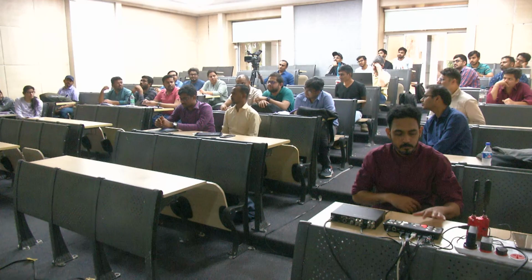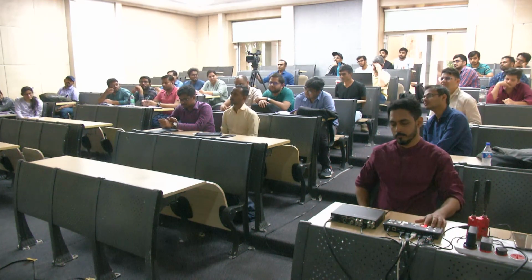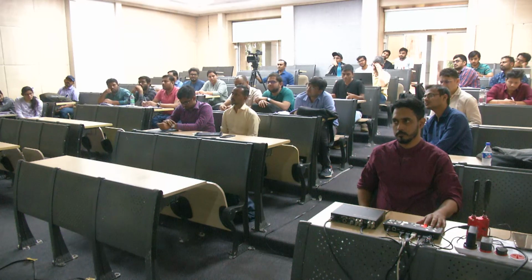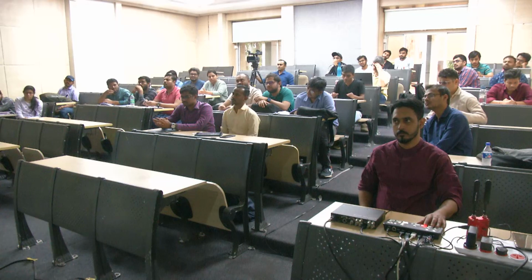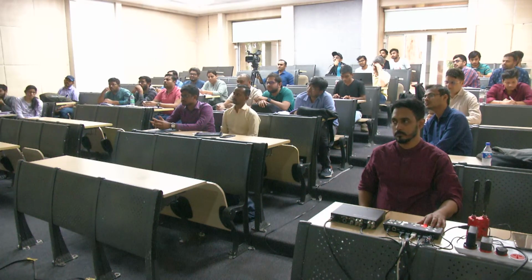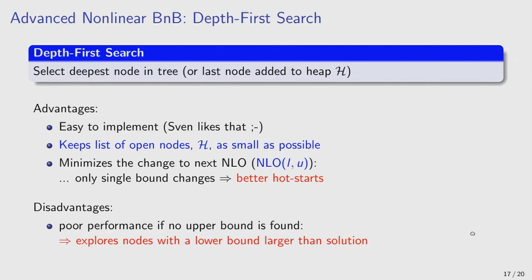In depth first search, you mentioned the disadvantage. The advantage of depth first is that it minimizes the size, and it's easy to implement. The disadvantage is that it's not very good if you can't find an upper bound.